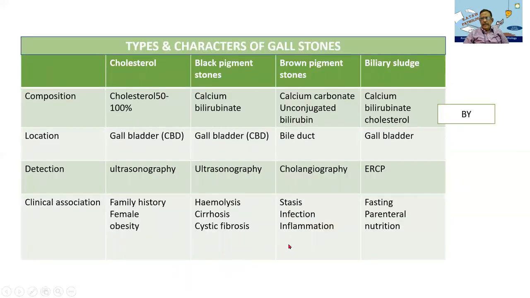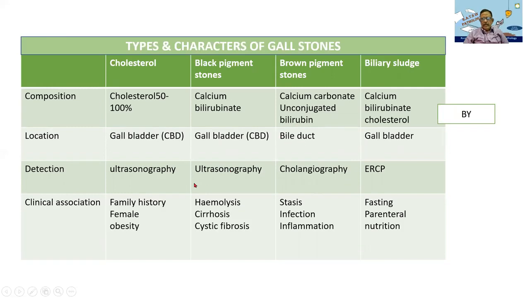This is a table that I would like you to learn by heart. I will not go into the details of it. I mentioned the types of stones. Pigment stones can be calcium bilirubinate, calcium carbonate. There can also be biliary sludge. Cholesterol is another stone. Where exactly are they located? Most of them are located in the gallbladder, or they can form an obstruction in the bile duct.